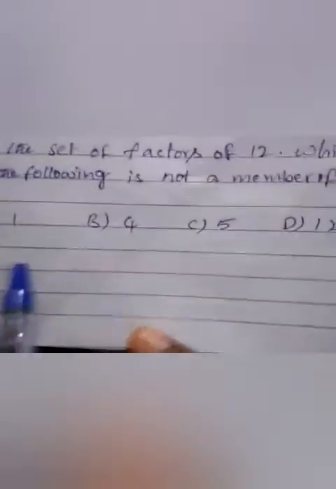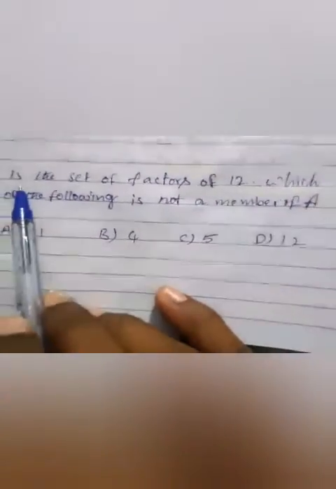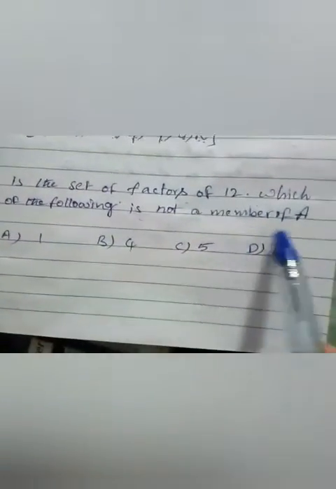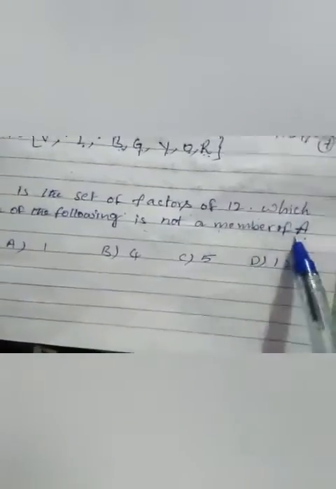Okay, then do this last question. A is the set of factors of 12. Which one of the following is not a member of A?